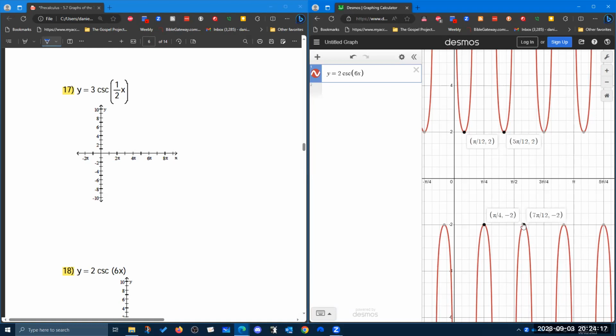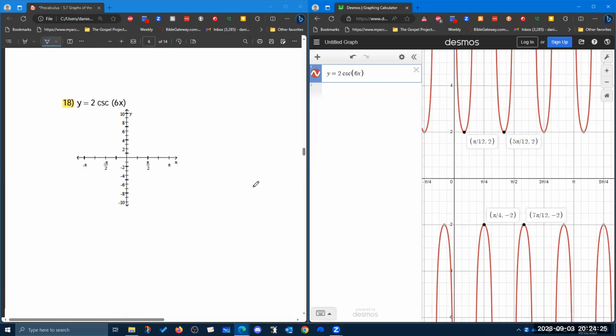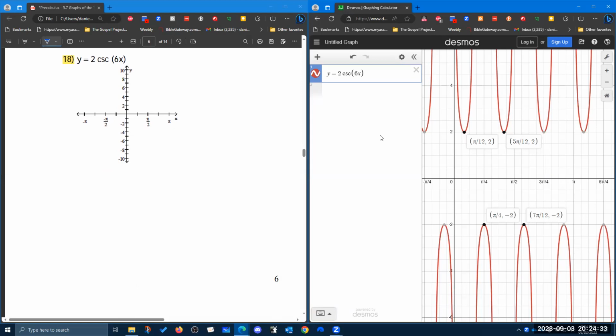And so you can see that this is happening every 4 pi over 12, which is pi over 3, which is 6 times as fast as we would have expected. And this range is now between negative 2 and 2 because of this multiplier of 2.